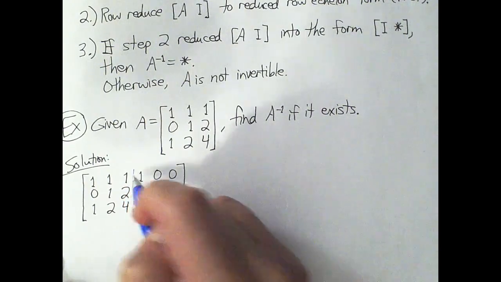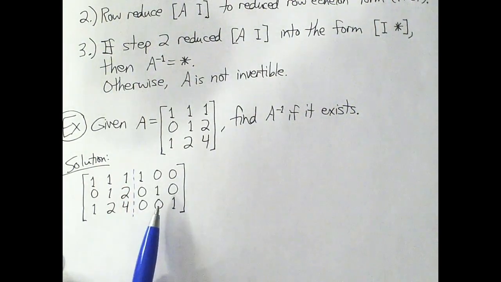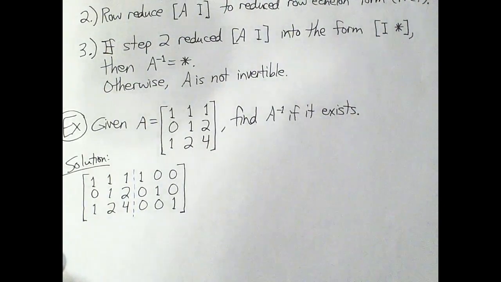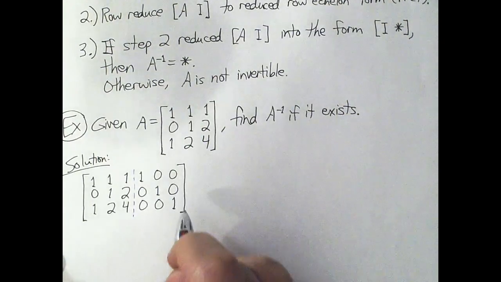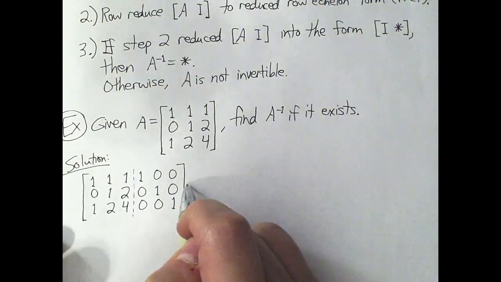That's optional, but just to indicate that here's the matrix A, here's the matrix I. So we put them together into one large thing. That's step 1. We're done with step 1. Step 2 is where all the work takes place. We have to do Gauss-Jordan elimination, lots of row reduction steps. I think on my page, this takes, I don't know, 4 or 5 steps. So I'm going to get it started.